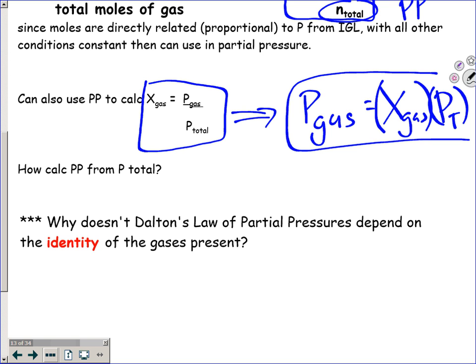Okay, and this is a behind-the-scenes question: why can we do this? No one really talks about the elephant in the room, that gases are different. They have different sizes. They can create different pressures. But if all of the gases are at the same temperature, their average velocity is the same. So the number of times they're hitting the container should be the same, so the identity doesn't matter.